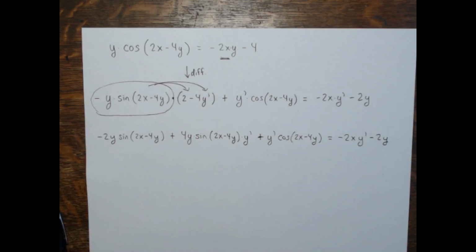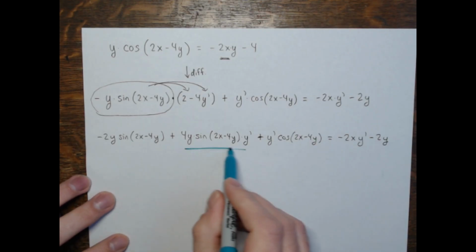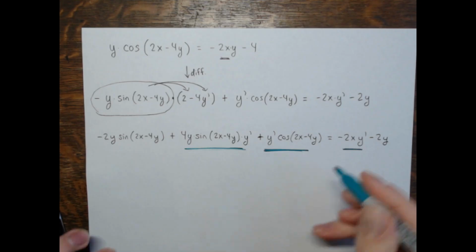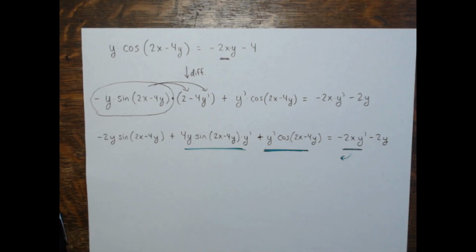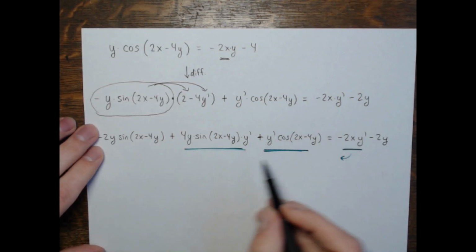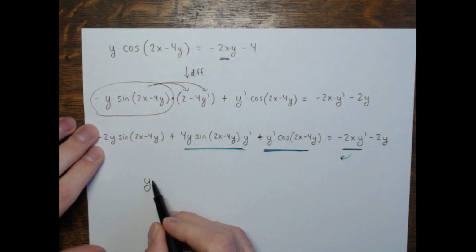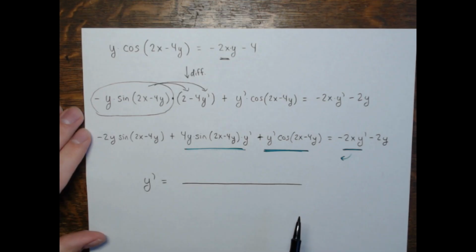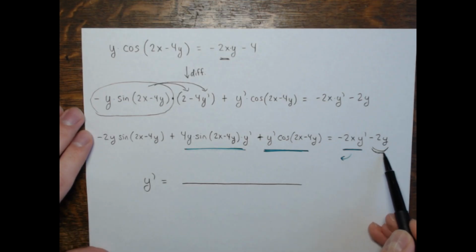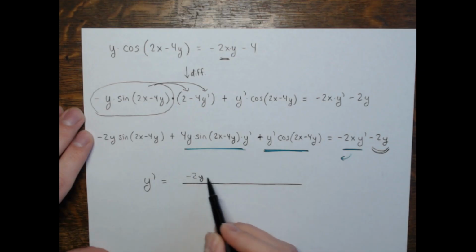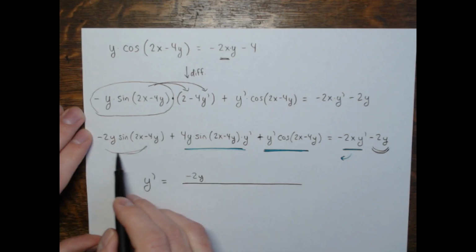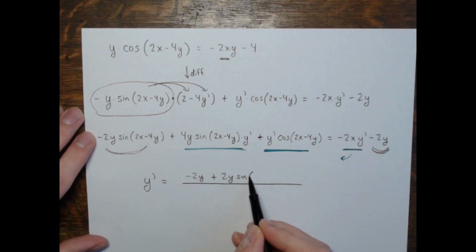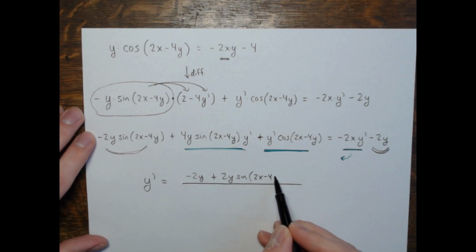Okay. So all the y prime terms, there's this term on the left, and then this term on the right. So again, I would move this over here. Let's say I move all the stuff with y prime to the left and factor y prime out, and then divide. So again, my terms without y prime, on the right side I'd have -2y, and then add this, so then plus 2 times y times the sine of 2x minus 4y.